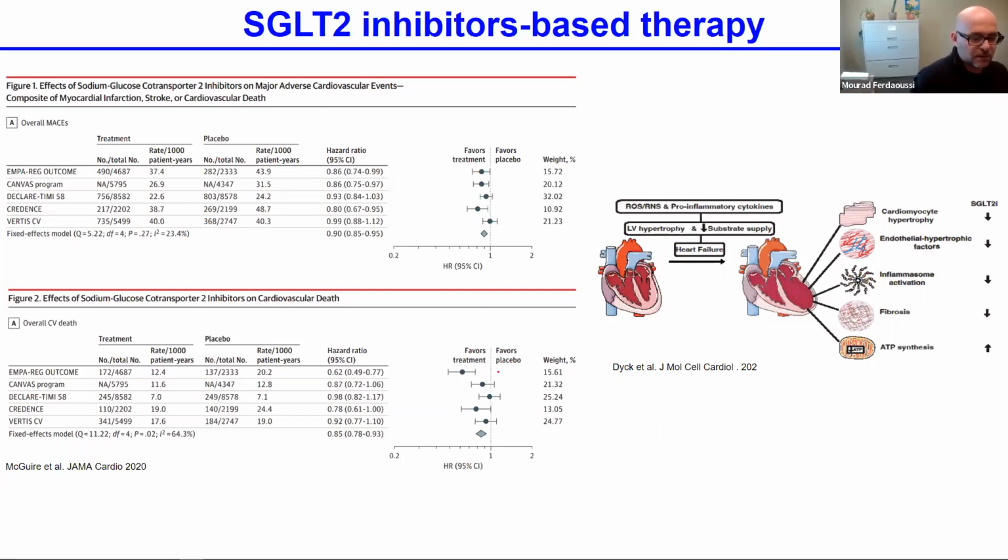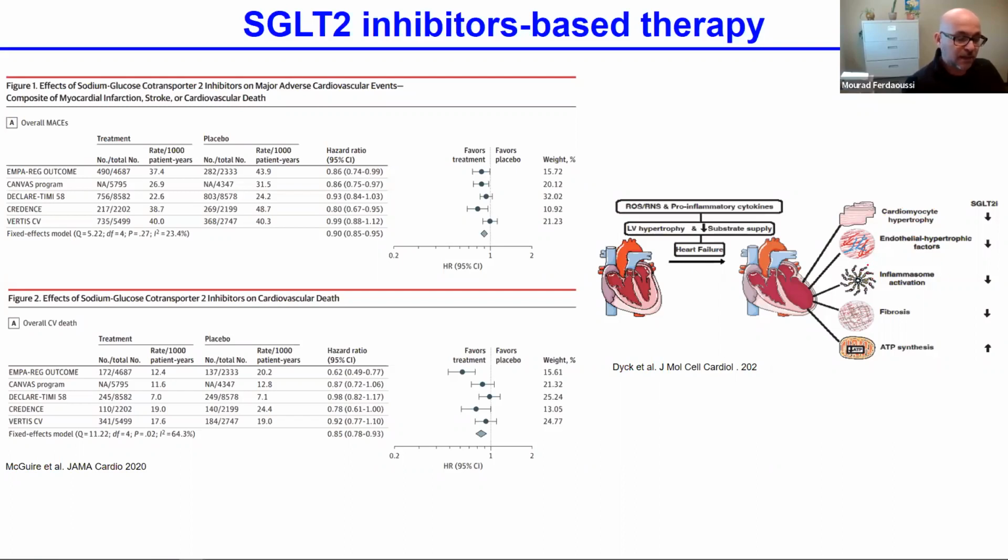We in the lab were interested to understand the effect of these inhibitors at the cardiovascular level. And what we showed is that SGLT2 inhibitors, particularly empagliflozin, reduce the cardiomyocyte hypertrophy in cardiovascular disease.